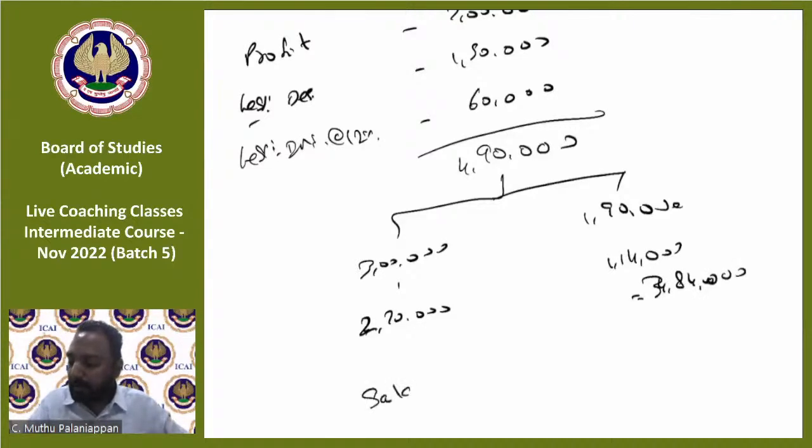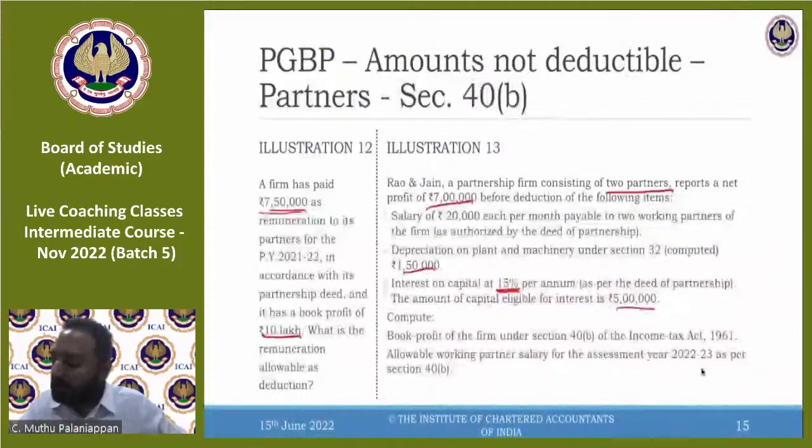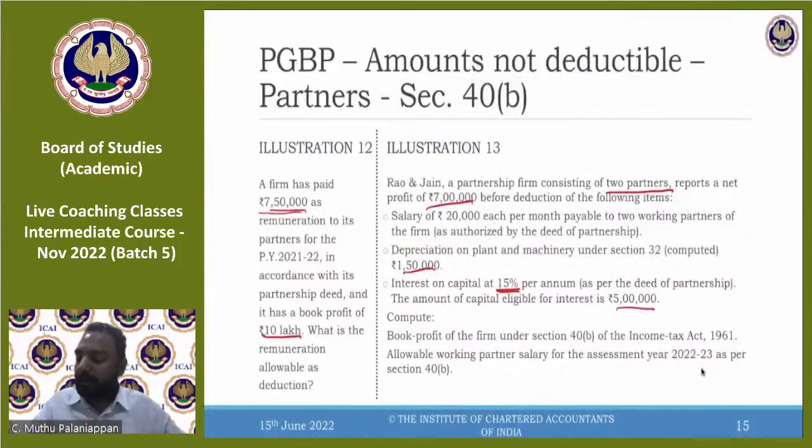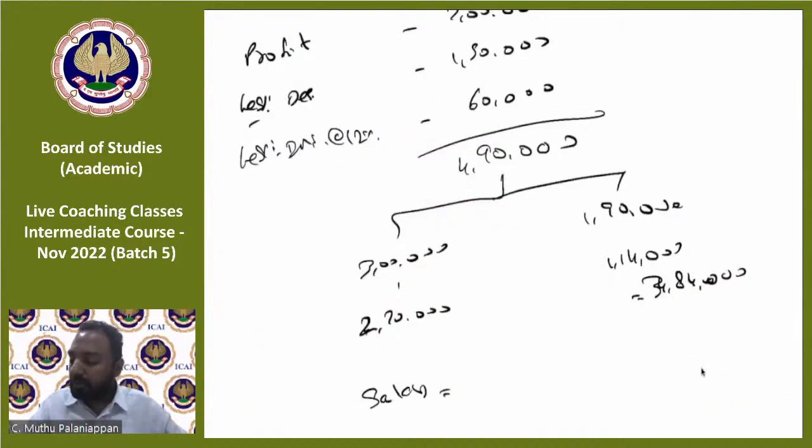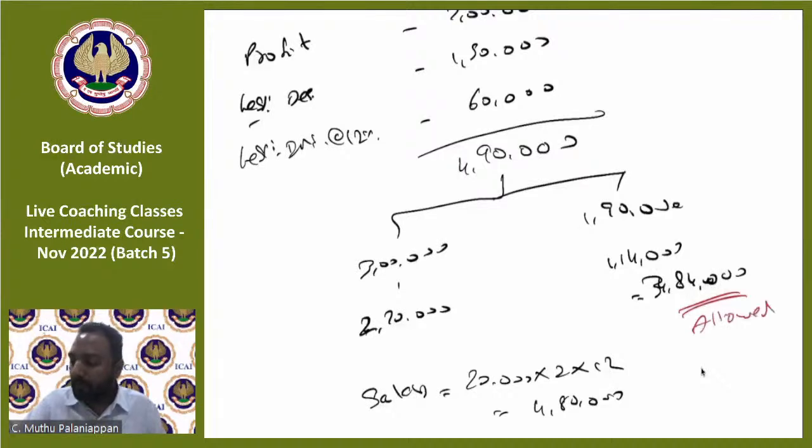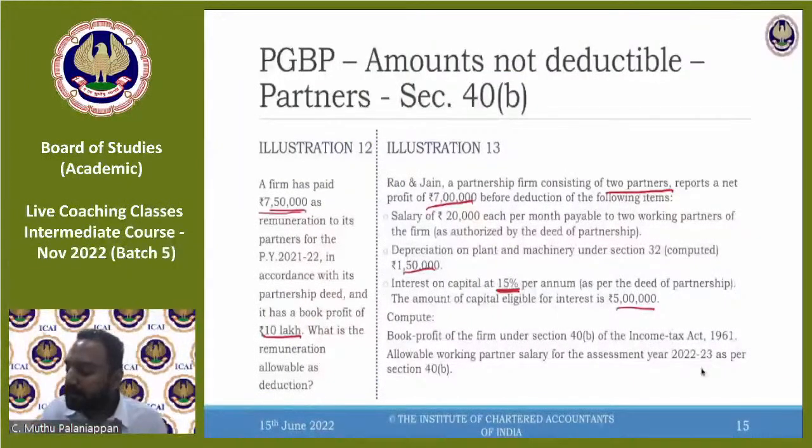What is actually provided as salary? 20,000 for each per month for 2 working partners. So 20,000 into 2 into 12, which is 4.8 lakhs. But what is allowed is not 4,80,000, it is only 3,84,000. So that's how you compute partnership remuneration.